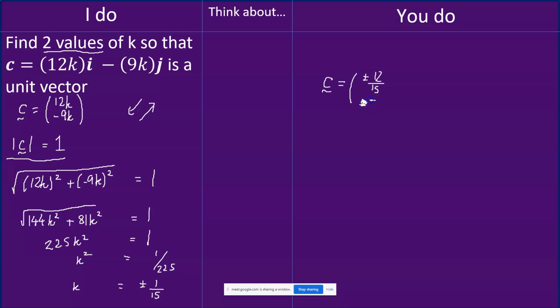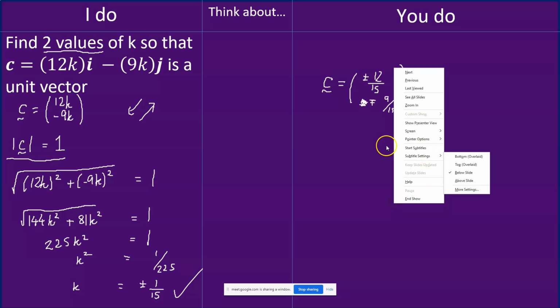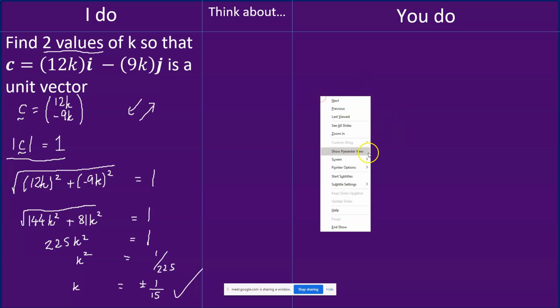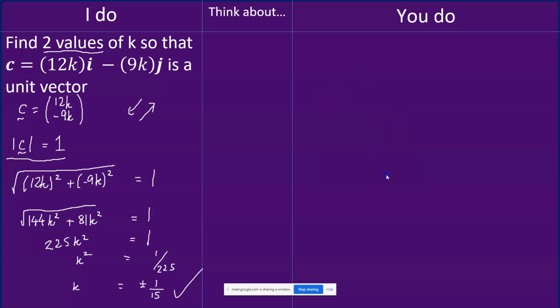I'm not going to get too worried about that. But you don't need to do that, just get the values of k. And if you've never seen a minus plus before, we'll meet it in the second year. It's not particularly difficult to cope with. It just does it the opposite way.